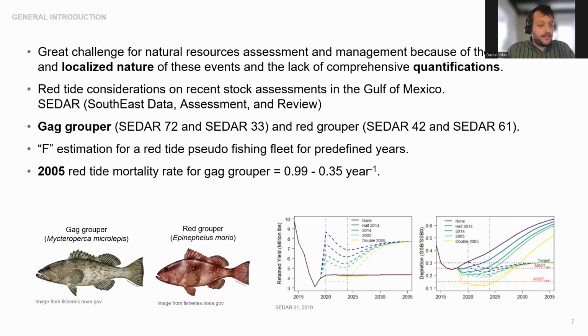To give an idea, in 2005, the red tide mortality rate for gag grouper was estimated between 0.99 and 0.35. And here we have some plots representing different projections under different red tide conditions. So how will the yield and the depletion state of the population change when considering different red tide events in terms of severity? How severe were those red tides in future years?